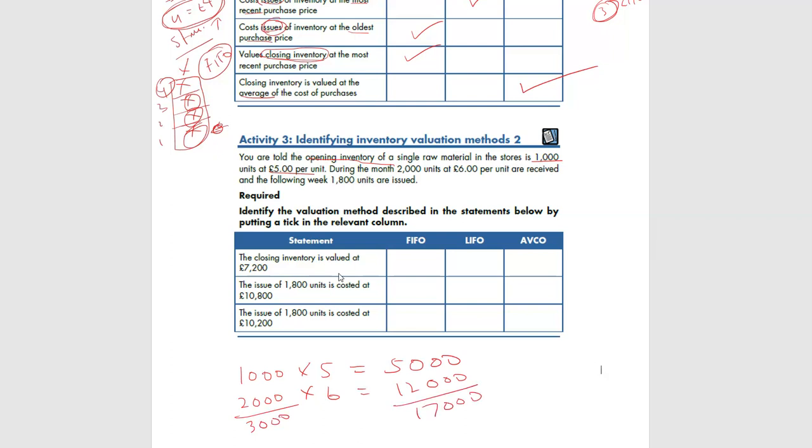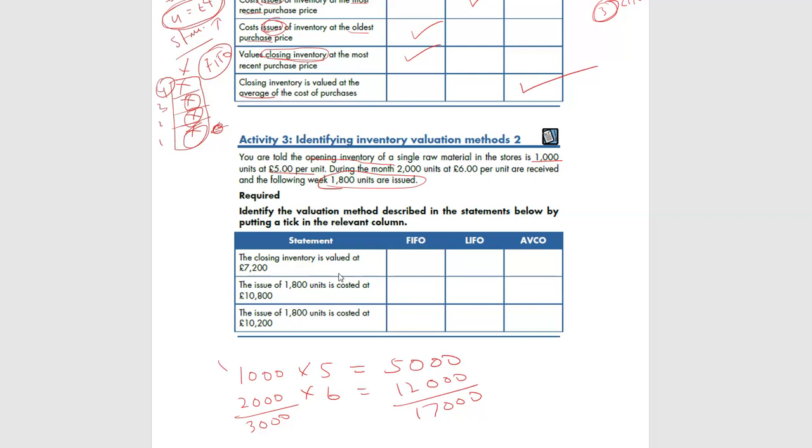1800 is the issue, so we have to make the value for FIFO, LIFO and AVCO. The first one, they said the value of the closing inventory is 7200. So let's try to understand. If I issue this 1800 from here using FIFO, what will happen? I'm going to use this 1000 first, then take another 800 from here.